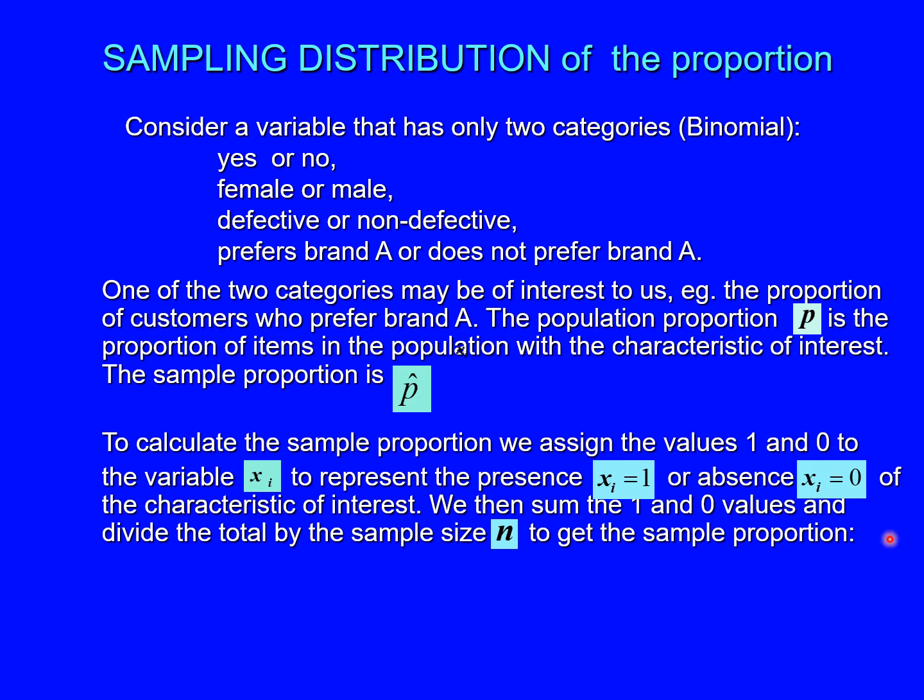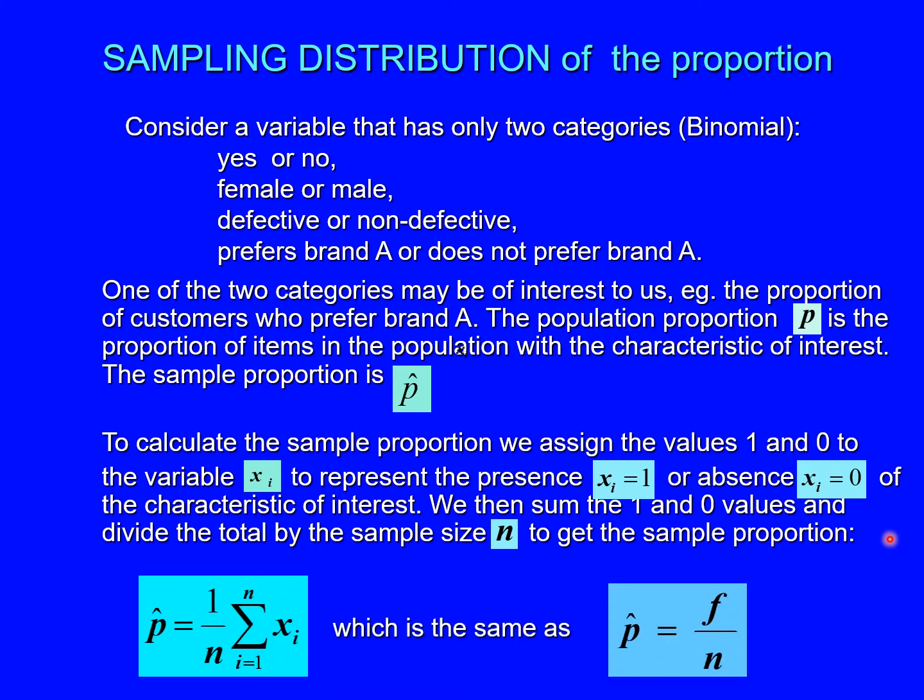It's not a problem, right? Either we give the variable values 0 and 1, and then the sum of this variable divided by n will be equal to the proportion, or the number of ones over n, the same, we get also P hat. In both cases, we get P hat, right?